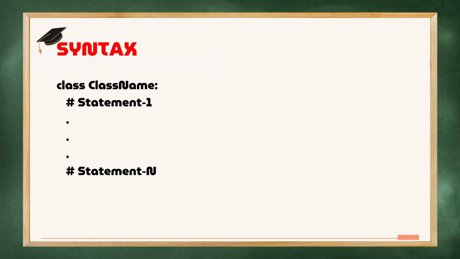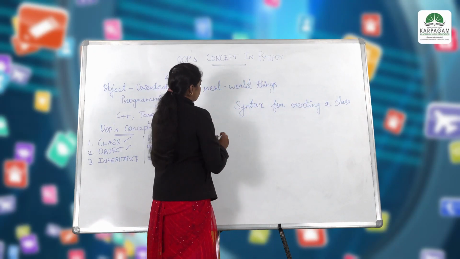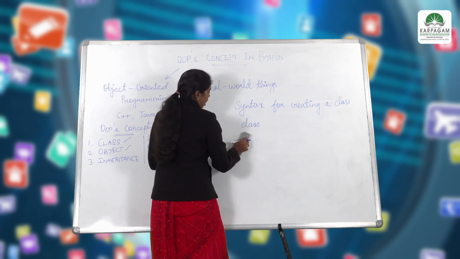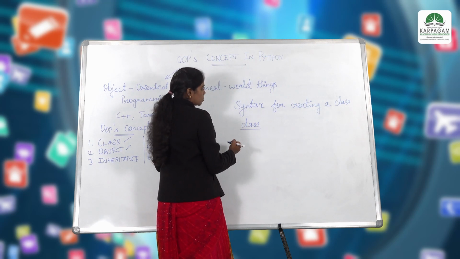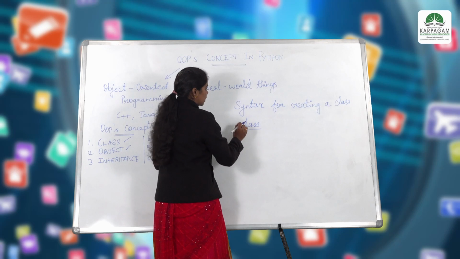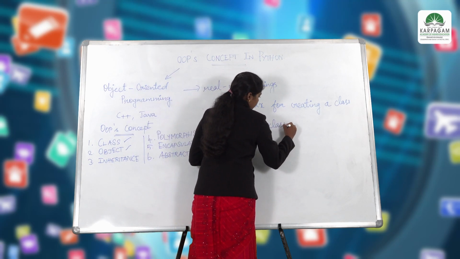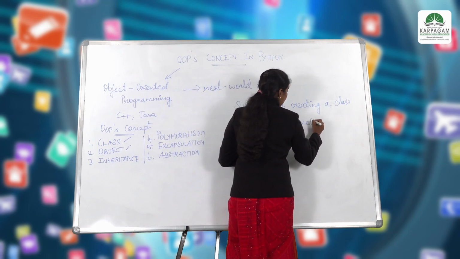First, we'll see the syntax, how to implement it in Python. Syntax for creating a class. First we should give a keyword called class. To create a class, the keyword class is used. After that, we have to give a name that is related to your class, that is the class name, and there should be a parenthesis.